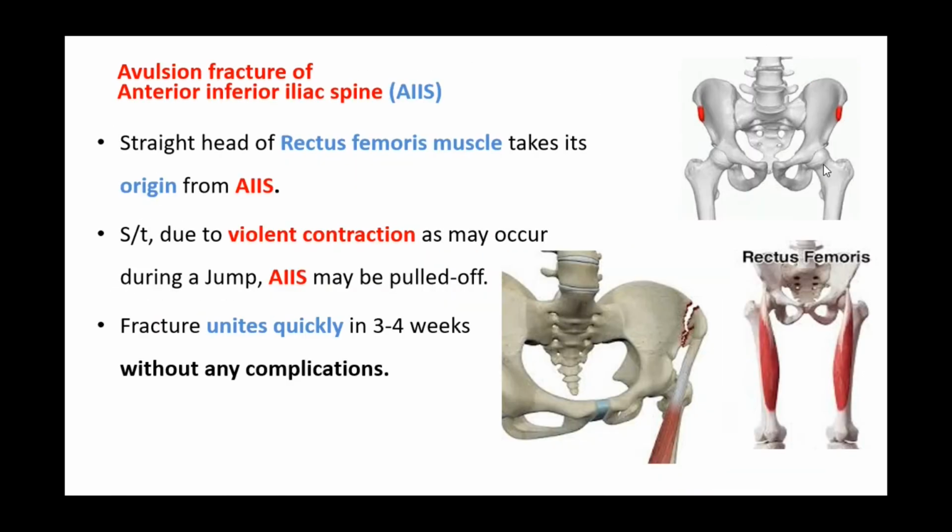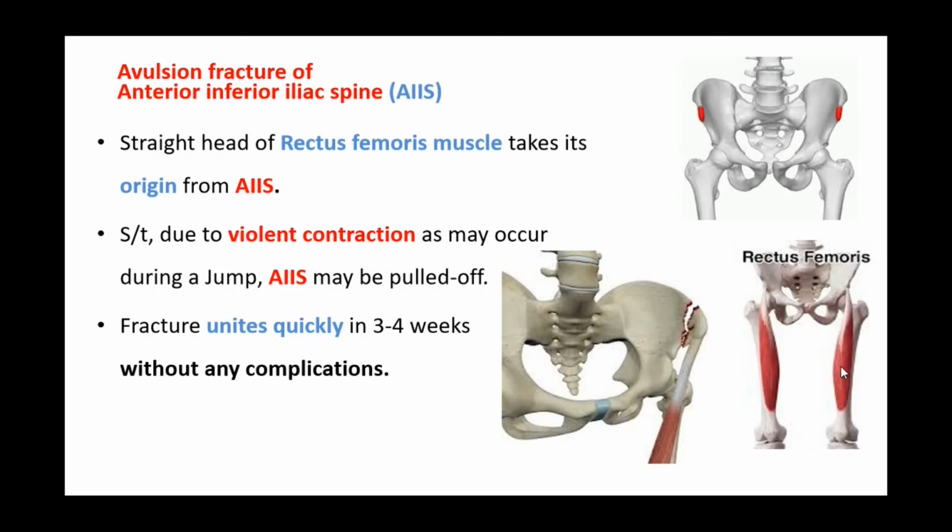Now, avulsion fractures of the anterior inferior iliac spine. As we all know, the straight head of the rectus femoris muscle takes its origin from the anterior inferior iliac spine. Now, these are the anterior inferior iliac spines on both sides, and this is the rectus femoris muscle which takes its origin from this point.